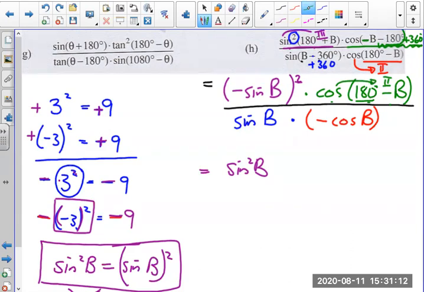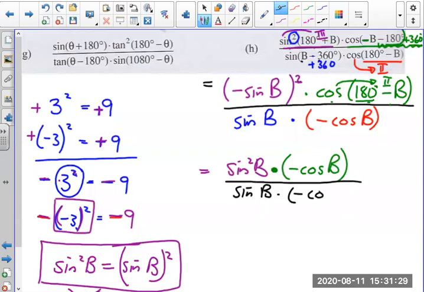Cos in the second quadrant is negative. The reason why I put it in brackets is that I don't forget that I'm actually busy with multiplication there. And then I already have sine B and I have minus cos B, and I see if I can simplify. Can I cancel? Yes, I can. Cos B cancels, minus and a minus cancel, and sine B goes into sine square B, sine B times. There's only one sine B left at the top.